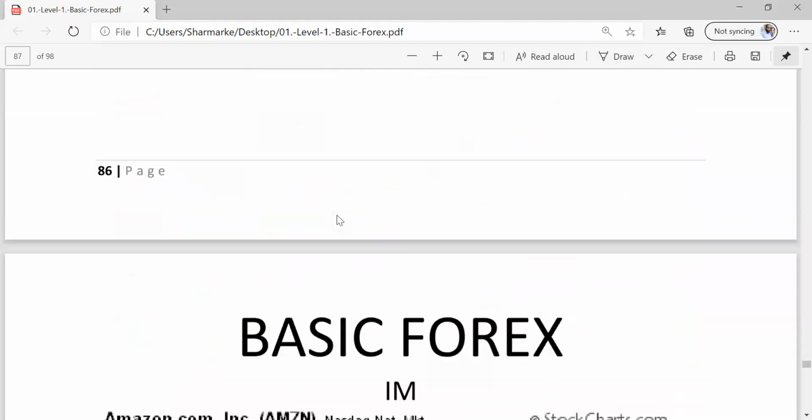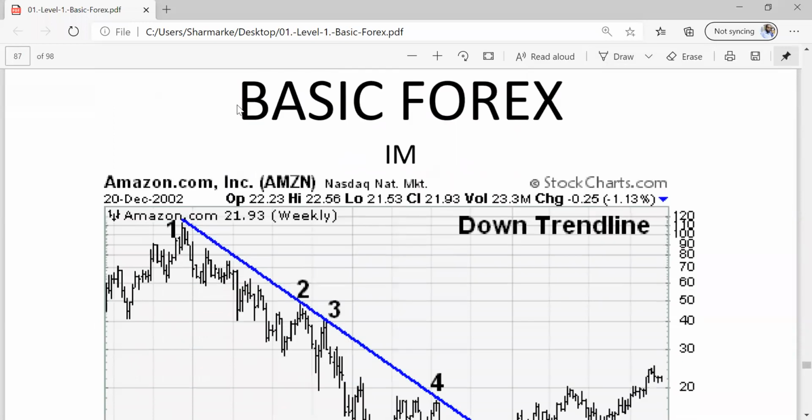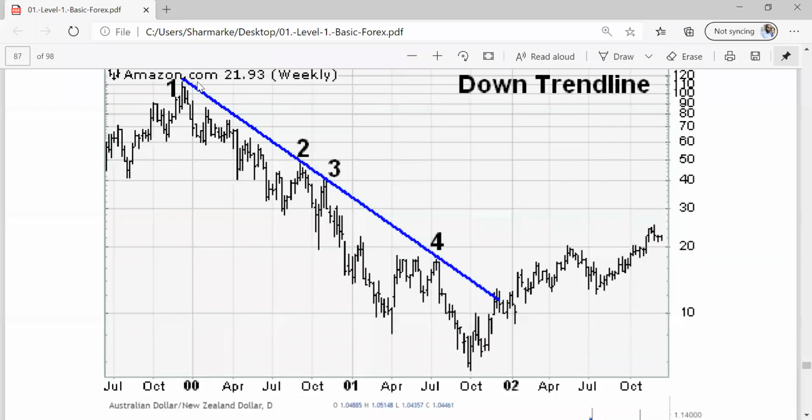Yeah, and that was an uptrend, and now we can see the downtrend. Downtrend is just vice versa, it's the other way. You can see the first touch is here, and then we have touch 2 and touch 3 and touch 4.